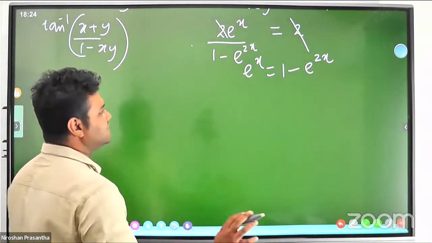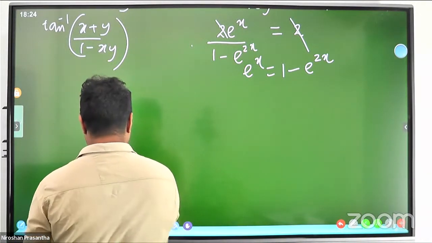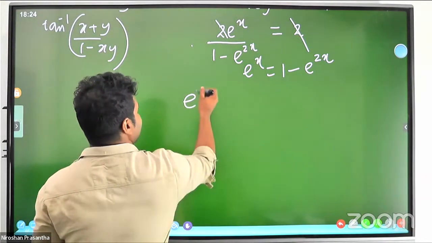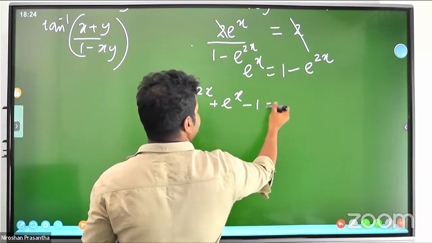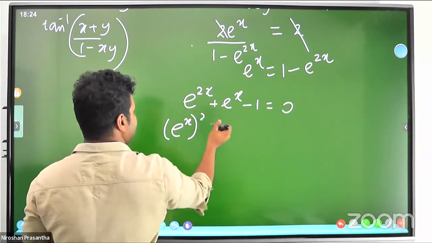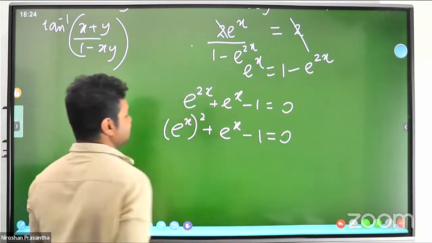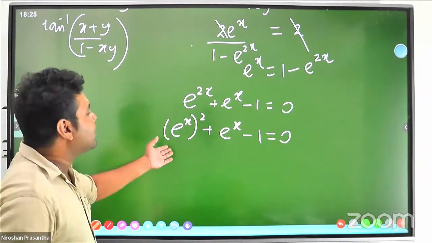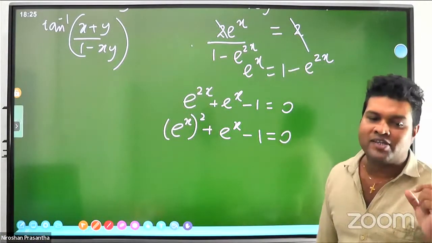What a question this is! Therefore, we can write e to the power 2x plus e^x minus 1 equals 0, that is (e^x) square plus e^x minus 1 equals 0. This is like a quadratic equation in e^x.